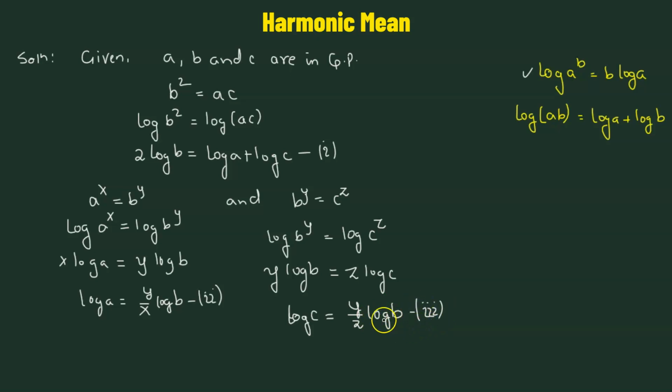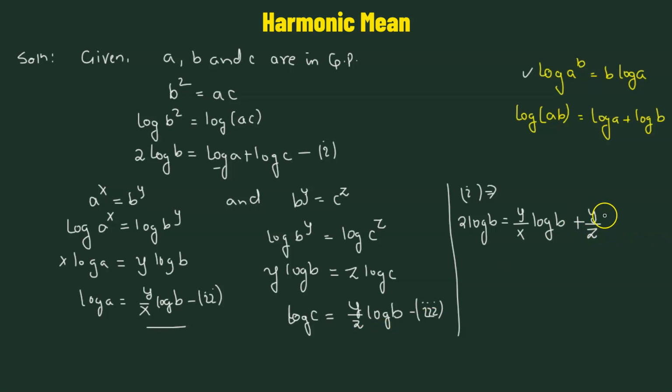The reason why we're isolating log of C and log of A is that we're going to replace these values in equation number 1. So equation number 1 now becomes 2 times log of B, which will be equal to log of A, which we can replace with y over x multiplied by log of B, plus log of C, which we can replace with y over z multiplied by log of B. Now we can factor out log of B from both sides.